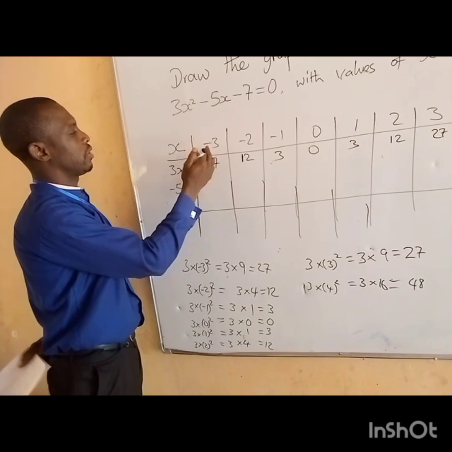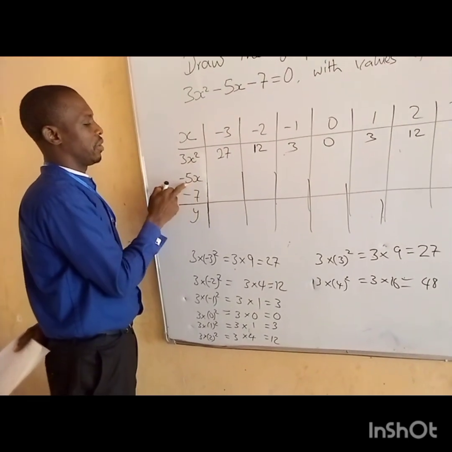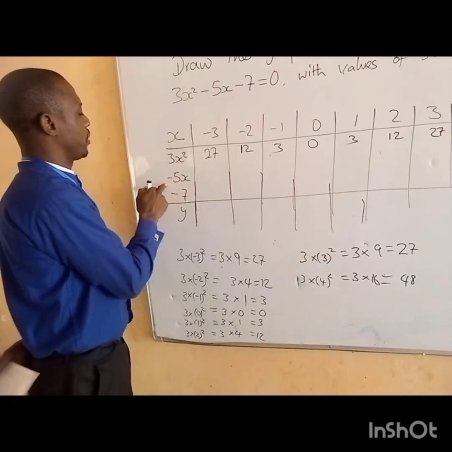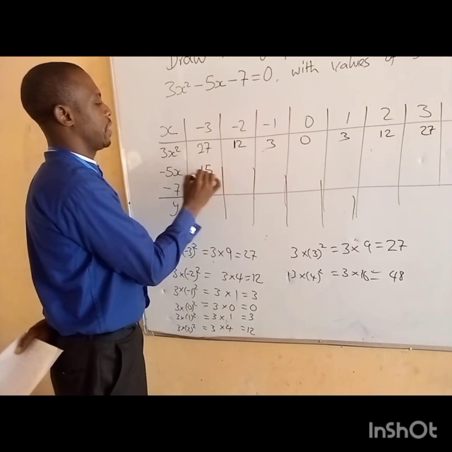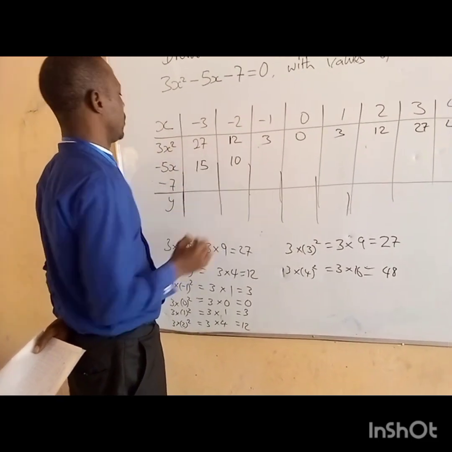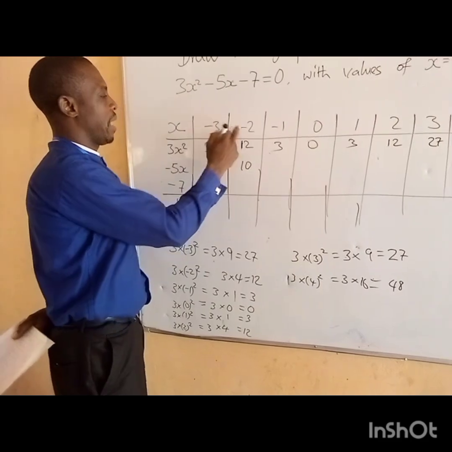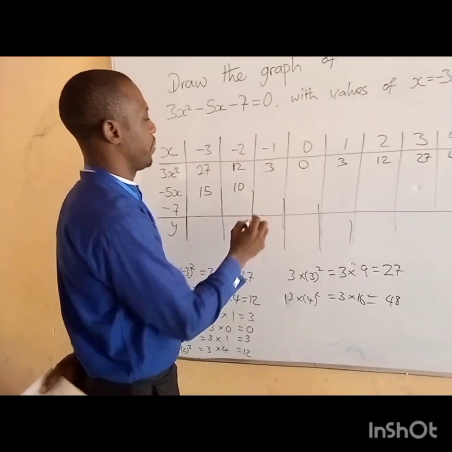This x, you take each value of x, replace it with the value here, and multiply it by 5. So if we multiply -5 times -3 it will give you 15. And when you replace it with -2, it gives you 10. 2 times 5 is 10, minus times minus is plus, so the negative sign disappears.